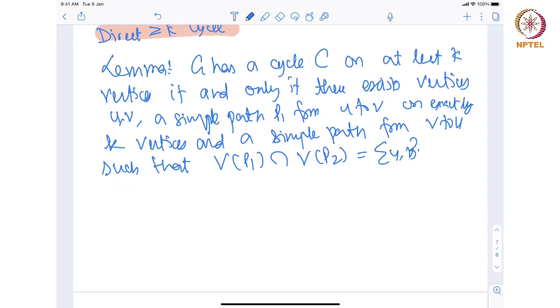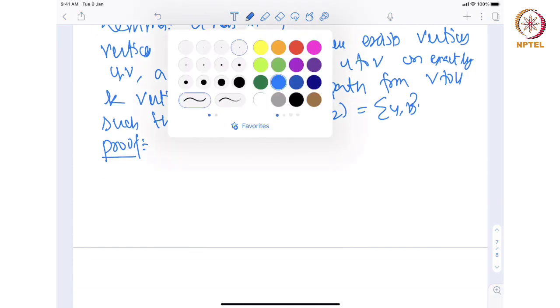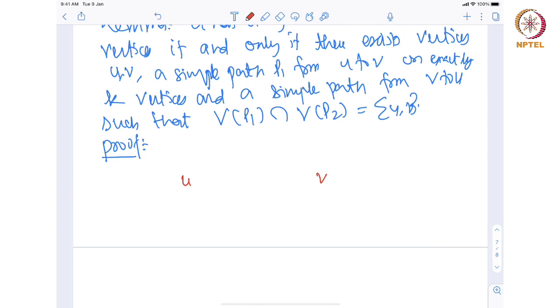The lemma says, proof is much simpler than the statement, that if G has a cycle on at least k vertices, then we can find the following thing. There exist some vertices u and v and a simple path containing exactly k vertices, which I call P1, and I can also find another simple path from v to u, call that P2.